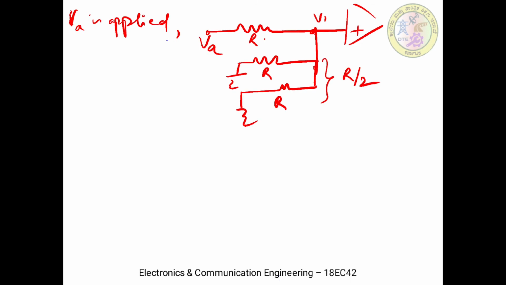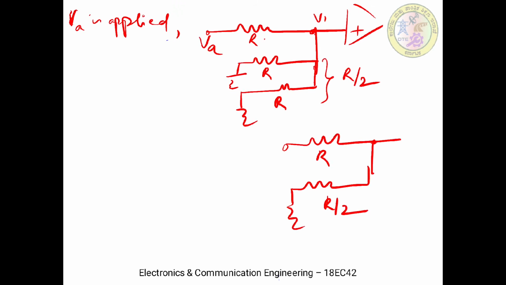Therefore at V1 what we have is the resistor R and the resistor R by 2, and here we have V1 and this is the VA applied.